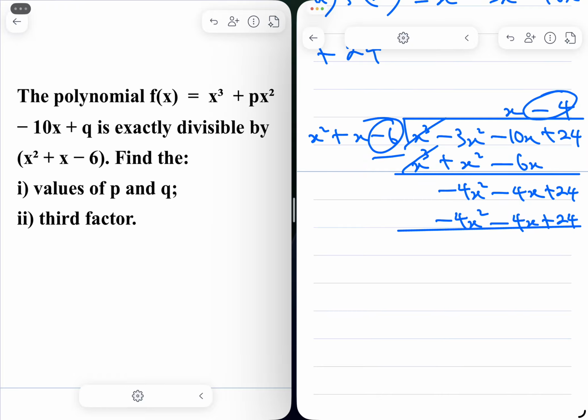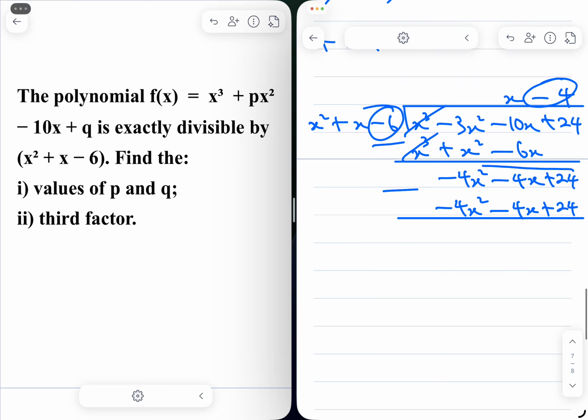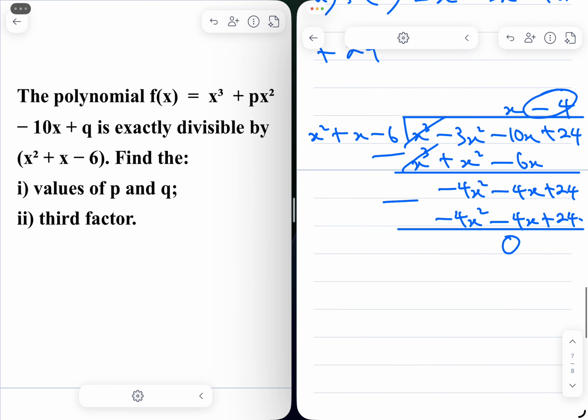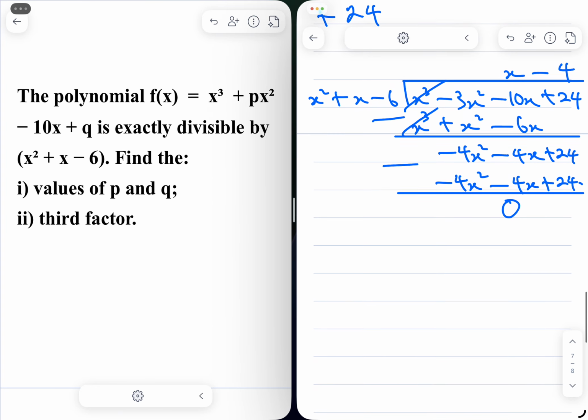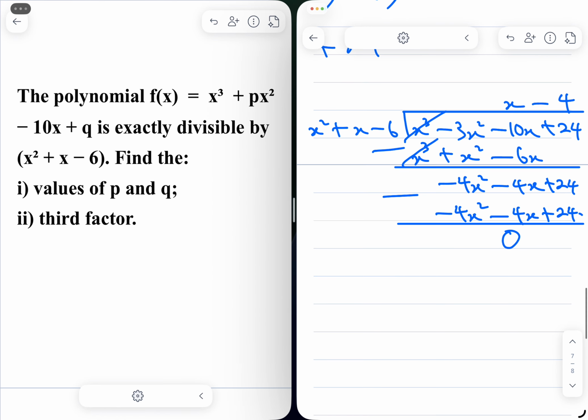And now we subtract. We're subtracting the same minus 4x squared minus 4x plus 24 from it, and that will give us 0. So that therefore means the third factor is x minus 4.